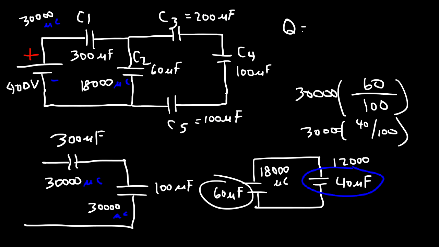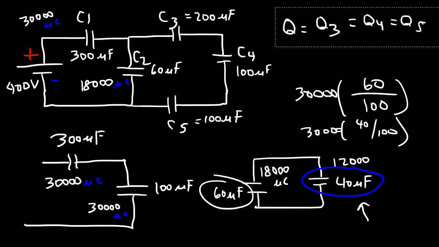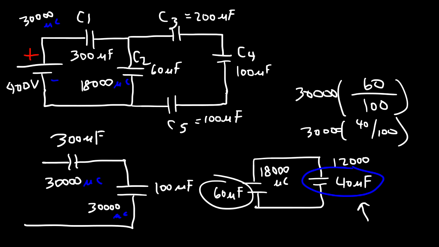So that means that Q is equal to Q3, which is equal to Q4, and that's equal to Q5. And this is Q. So each of those capacitors in series with each other has the same charge of, not 18,000, but 12,000 microcoulombs.